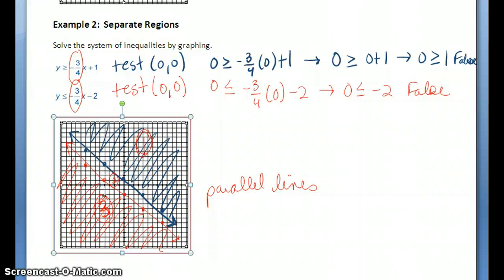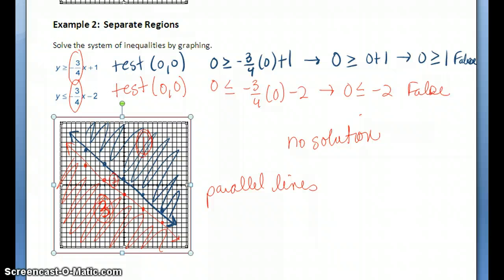So I have a bunch of solutions in blue up above and a bunch below in red, but they don't cross over each other. So this is when we're going to say there is no solution, because there are no ordered pairs that satisfy the entire system.